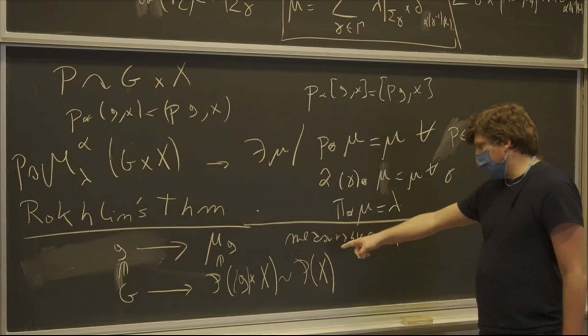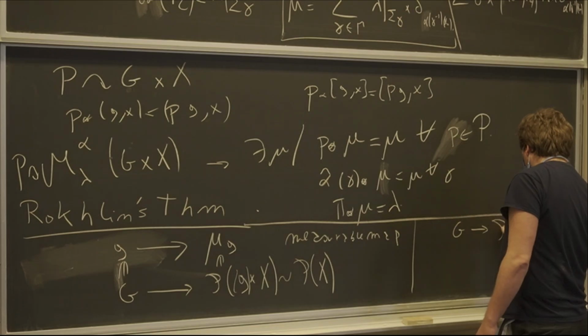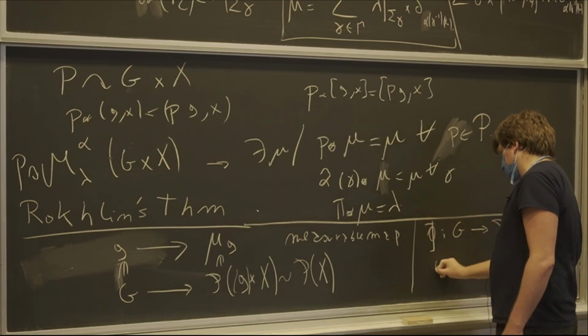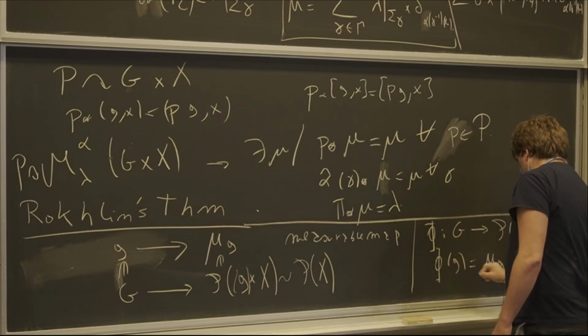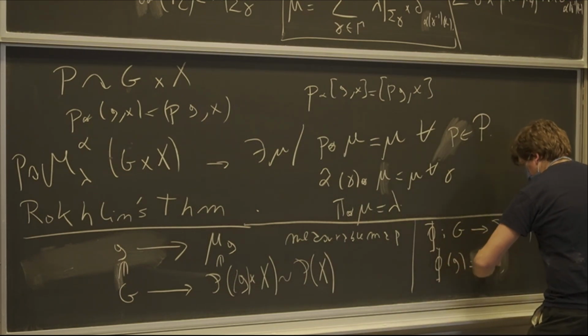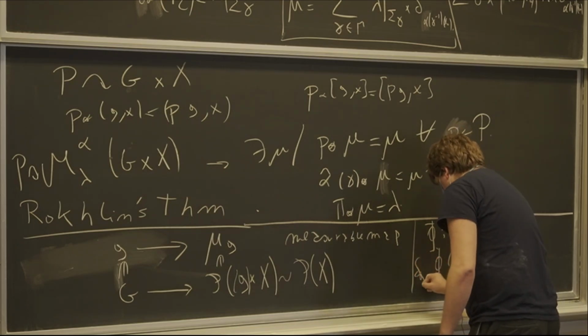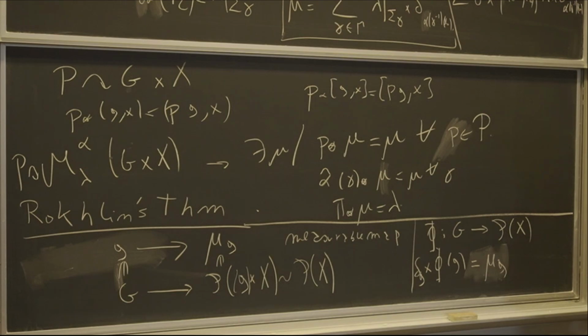And it's this identification from G into probabilities of X that we call phi. Phi of G is mu sub G. Or to be more explicit, delta at G times phi sub G is mu sub G.